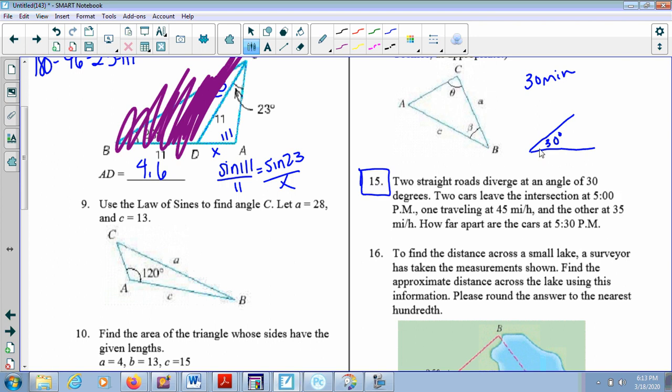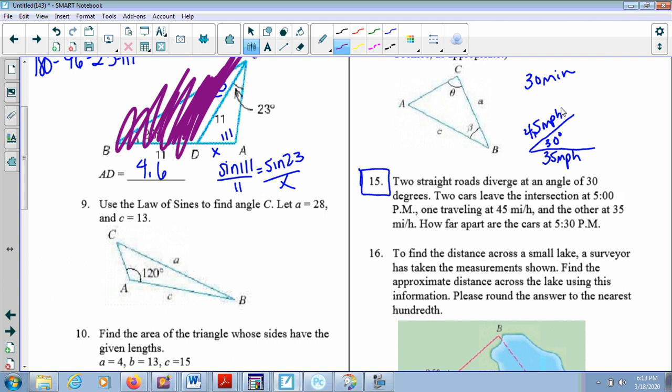One of them is going 45 miles per hour. The other one is going 35 miles per hour. But when we're talking about this, we want to know how far they actually traveled. If you're going 45 miles an hour and you go half of an hour, you will travel half of that distance, right?